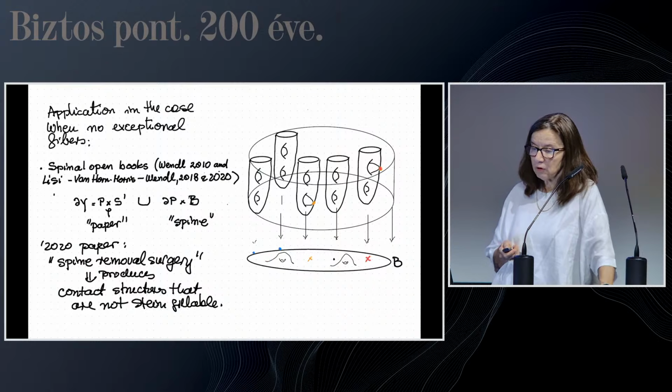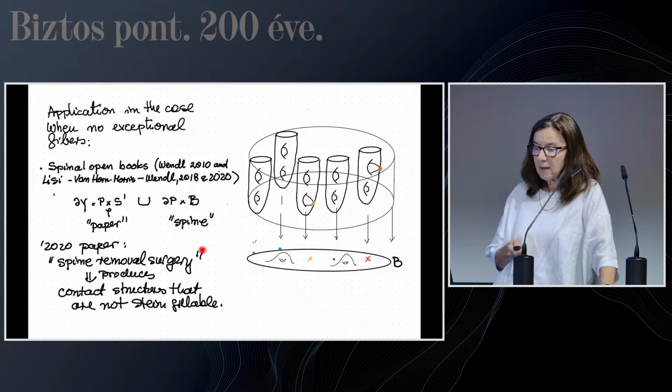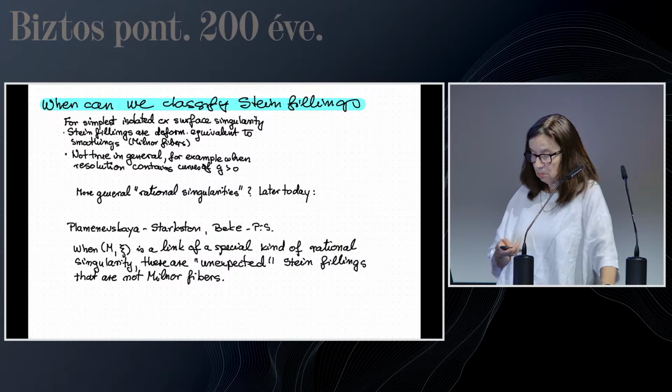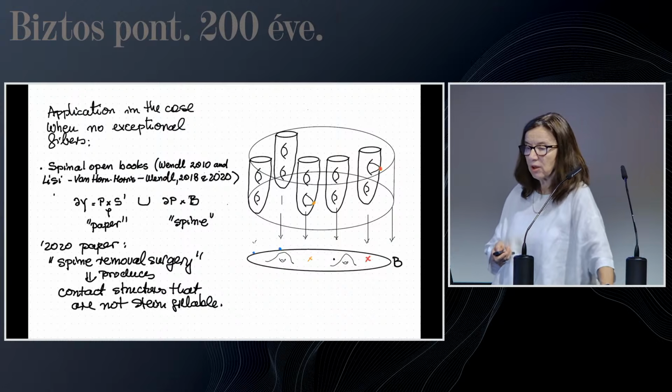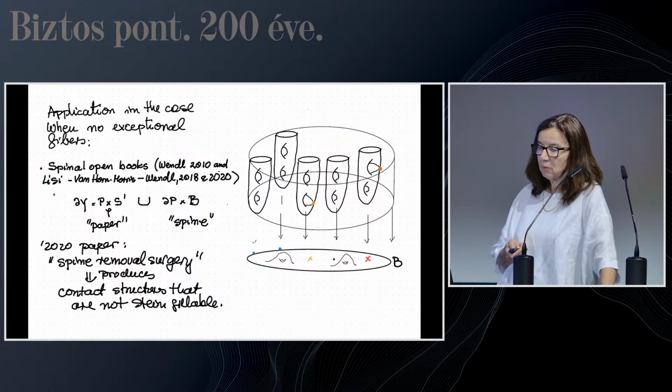We can still break up the boundary three-manifold into paper and spine, the paper still being an S1 bundle with fiber P and with some monodromy phi, but now the other portion is the spine, and this spine is the base manifold times the boundary of P. This kind of decomposition, Lisi, Van Horn-Morris, and Wendl called the spinal open book.